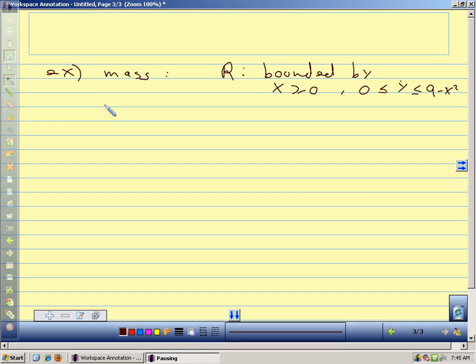And our density, rho of xy, is x times y. So we want the mass of this planar lamina.